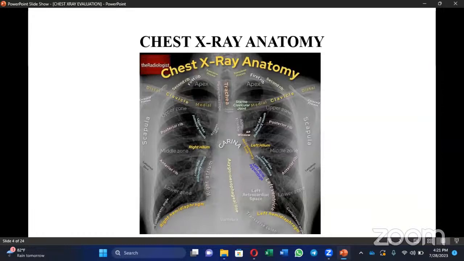So on a PA film, the scapulae are always out of the lung fields. It should never be seen within the lung region. All right, see the position of the scapulae. The two scapulae are well off the lung fields.